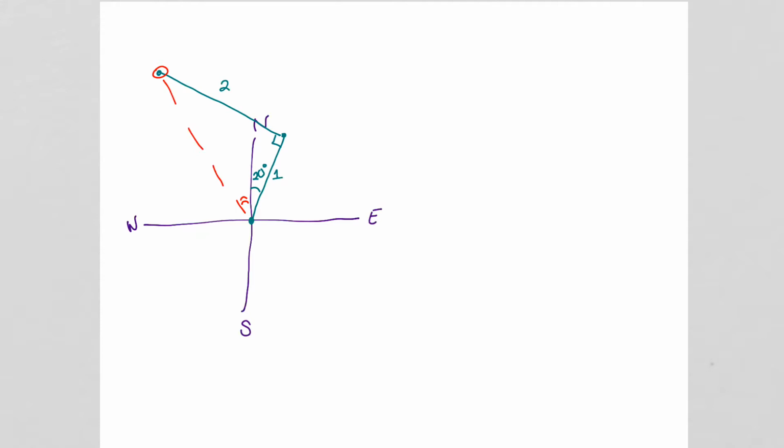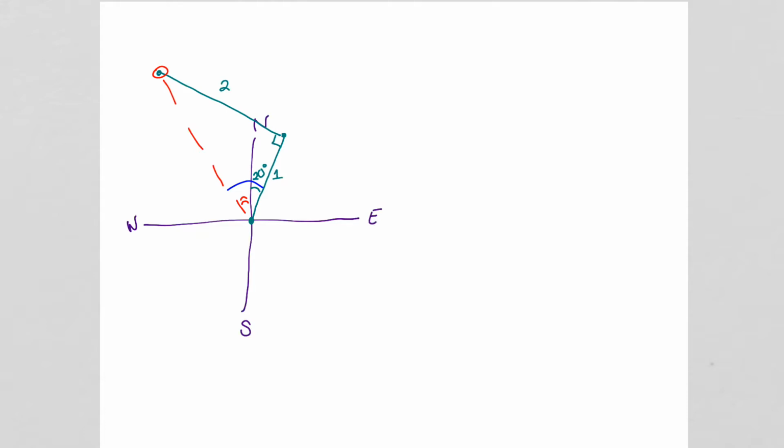It's not an easy way to find that angle straight off, but what we can do is find the measure of this angle, and then we've got this one right here and subtract off.